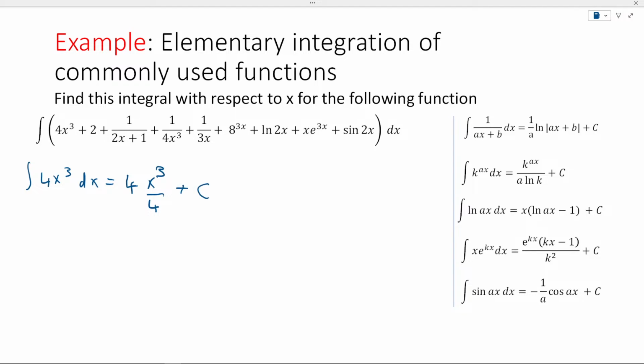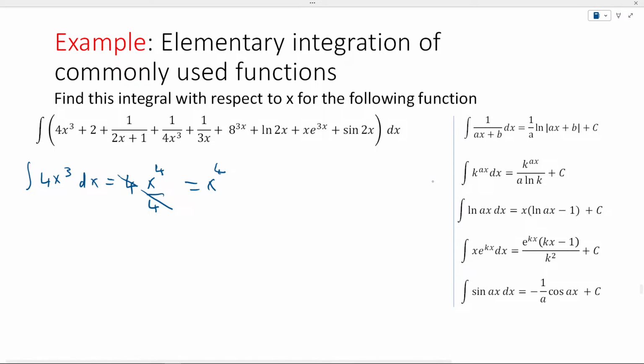I will ignore this c for now, because I'm doing it term by term, so don't worry about this c. I'll just put the c at the end. So that will give me x to the power 4. Because you add 1 and then you divide by 4.